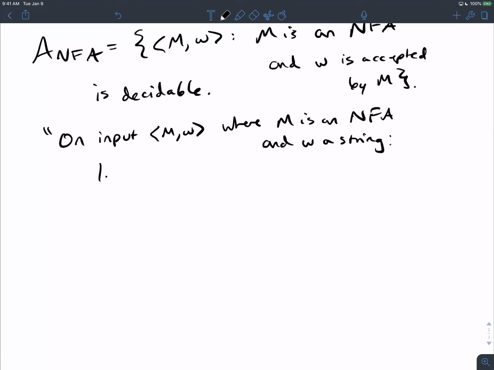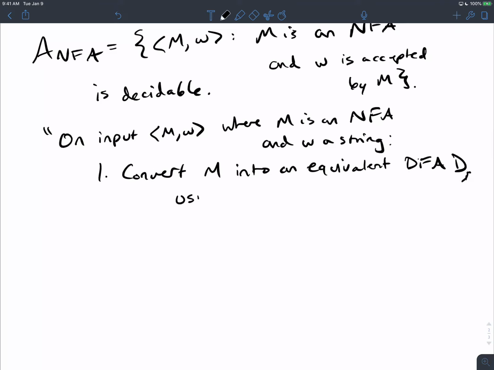So all we really need to do then is convert M into an equivalent DFA D. And then we should say using the power set construction.